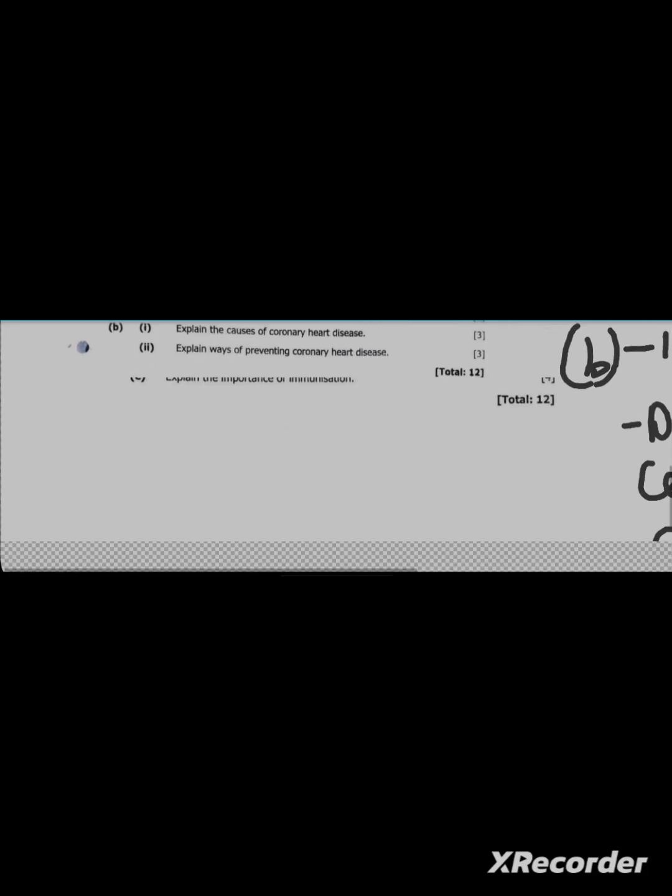Okay, so let me just draw roughly the structure of the heart here.